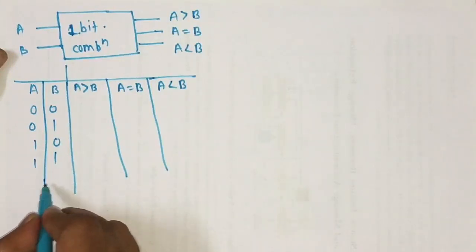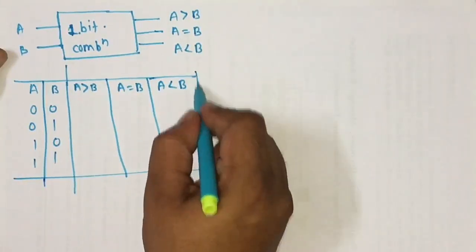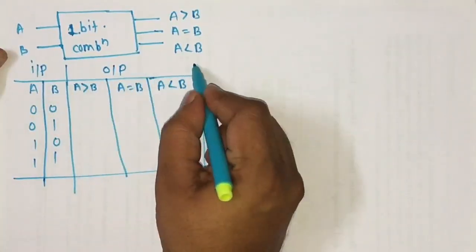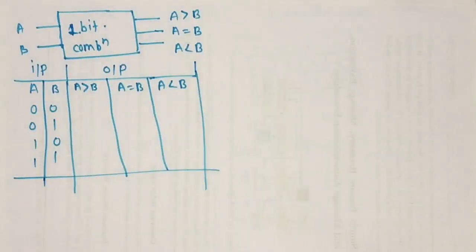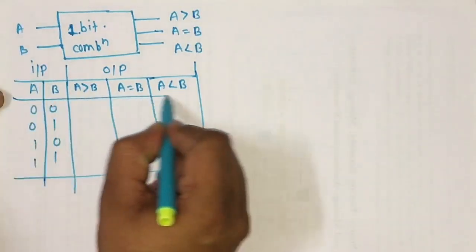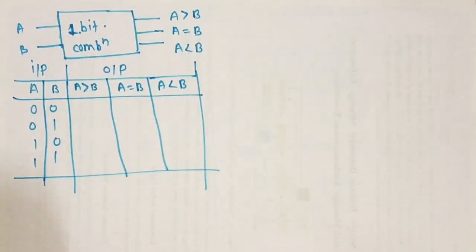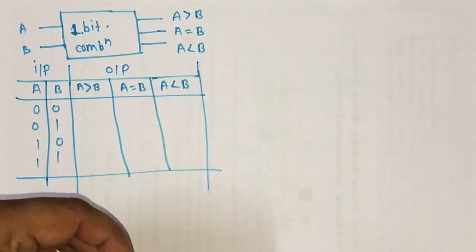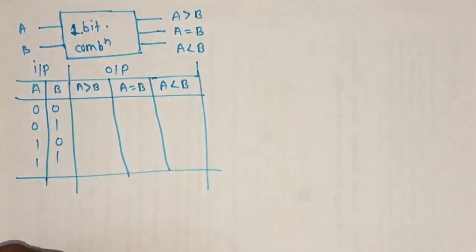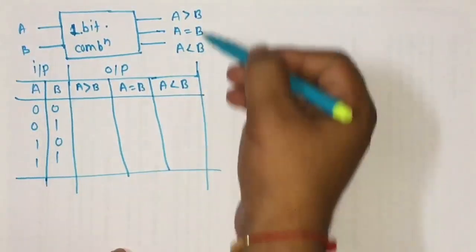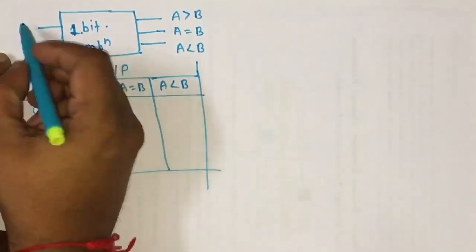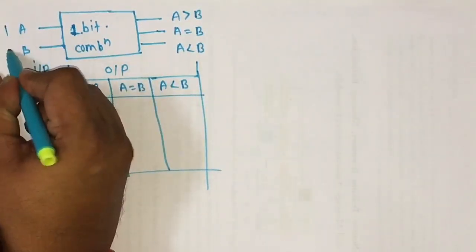These are the inputs, and these are the outputs. Now how to draw the truth table for the comparator? Whenever the condition is true, at that time we have to put 1. Whenever any condition is true amongst them, we put the output as 1. For example, here A is 1 and B is 0.